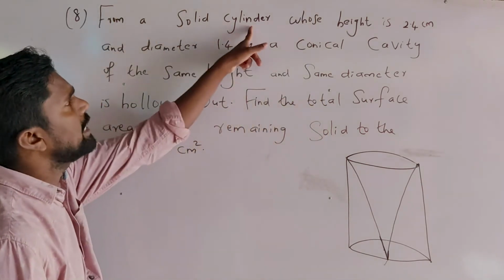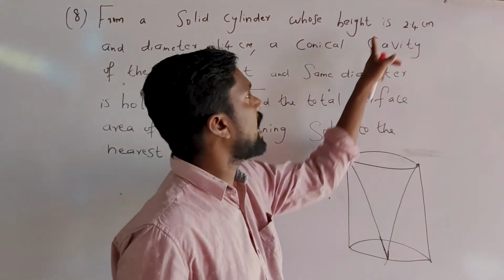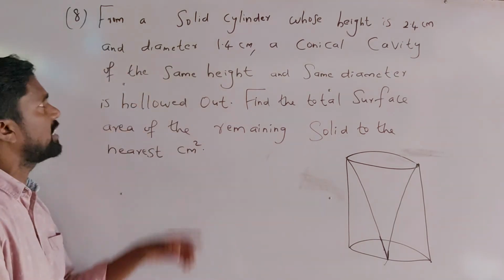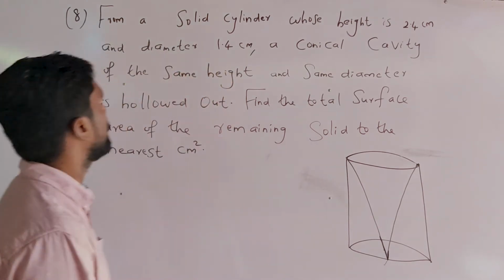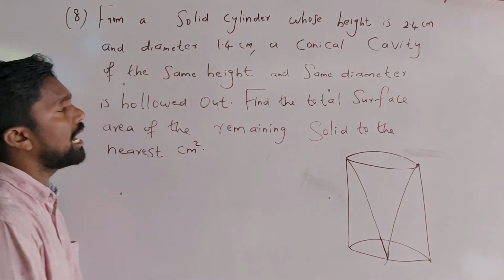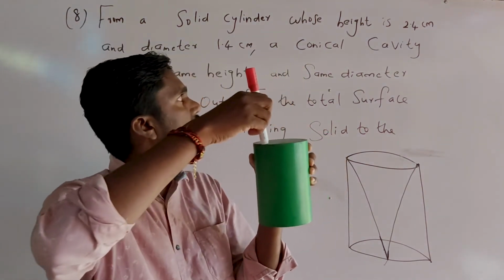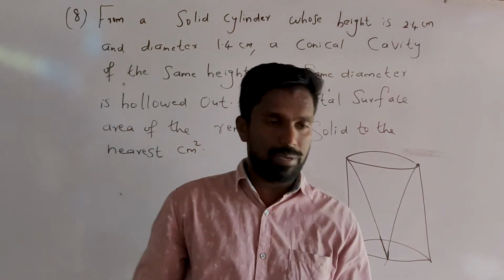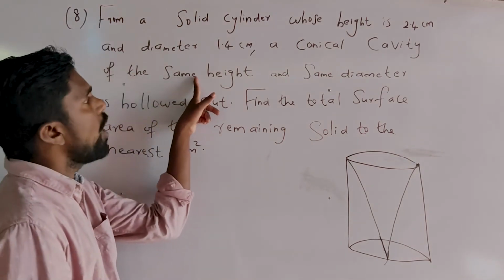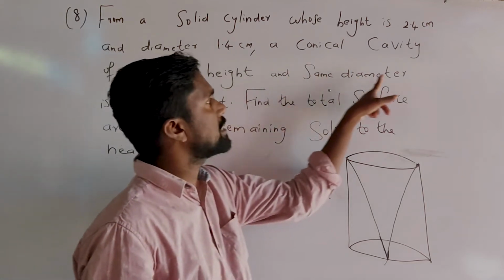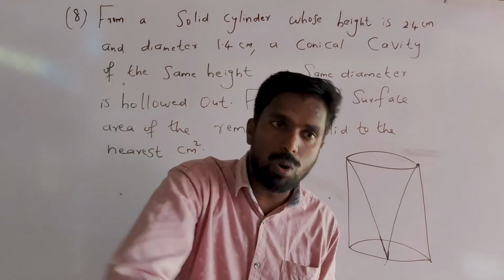From a solid cylinder whose height is 2.4 centimeter and diameter 1.4 centimeter, a conical cavity of the same height and same diameter is hollowed out.